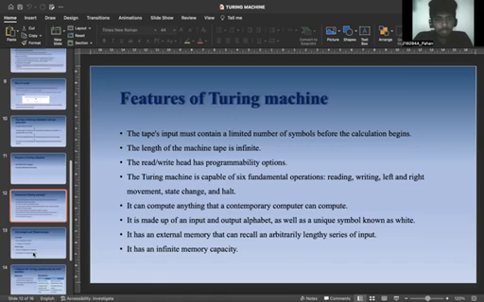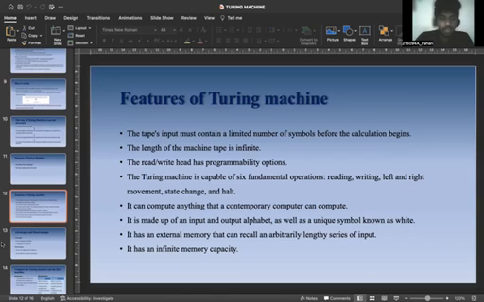Firstly, the tape's inputs must contain a limited number of symbols where the calculation begins. Next, the length of the tape is infinite, and the read-write head has programmability options.